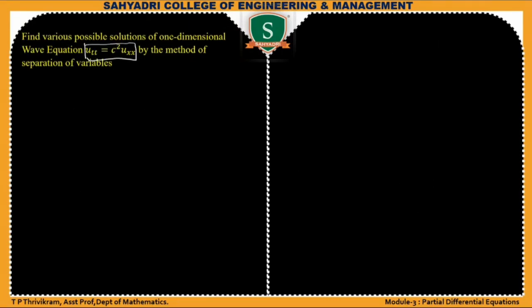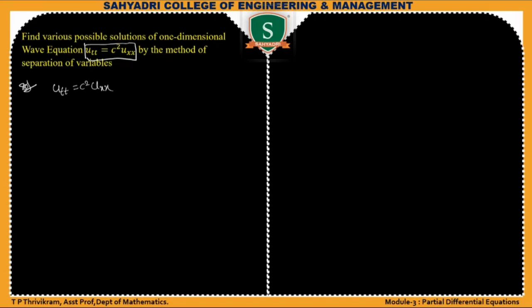So let us see how to solve this. Okay, so here they have given the equation as utt is equal to c square uxx.